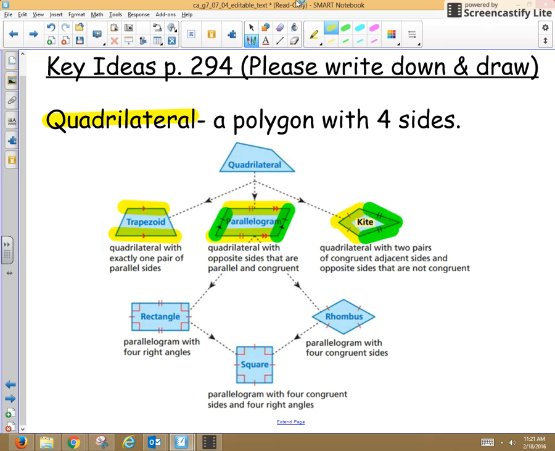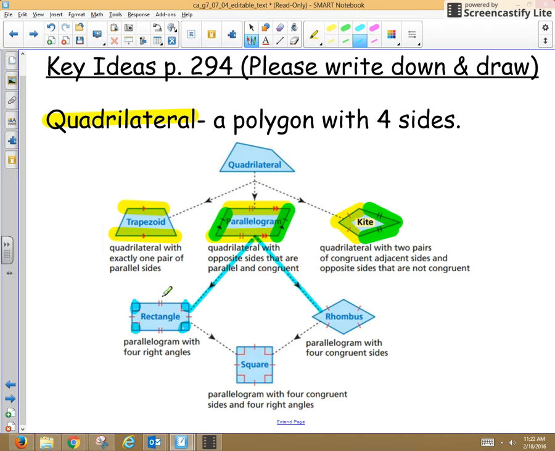Now, within the parallelogram, we have many different types of parallelograms, as you can see here. You can have a rectangle that's a parallelogram. It has four right angles, as you can see, 1, 2, 3, and 4.